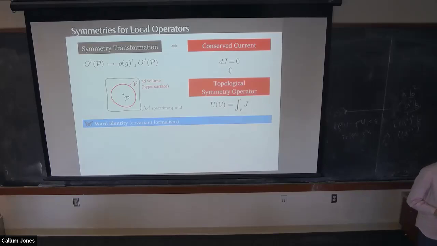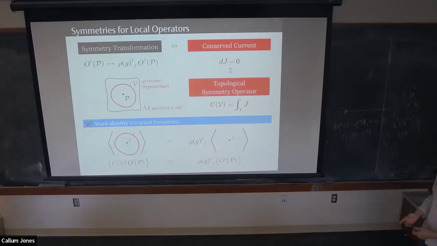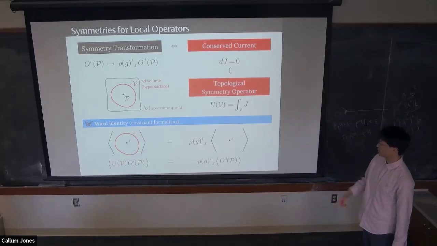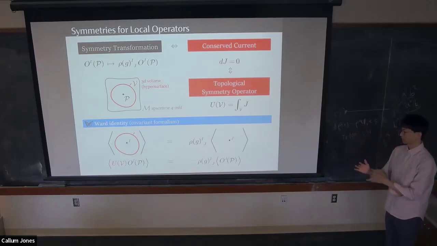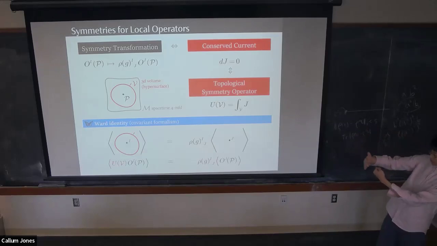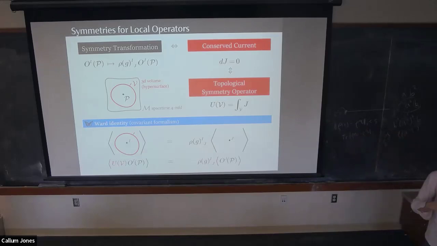And this symmetry operator encodes the symmetry in terms of the linking between the point and the hypersurface. So super concretely, it is encoded in the Ward identity, which takes this form. So you insert the topological symmetry operator on whatever hypersurface V you choose, and it is robust under topological deformations, unless you cross the surface across the point.